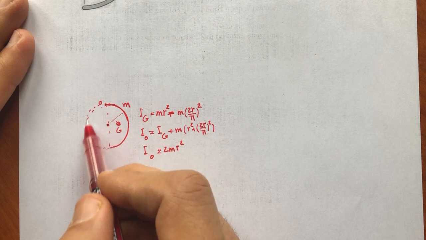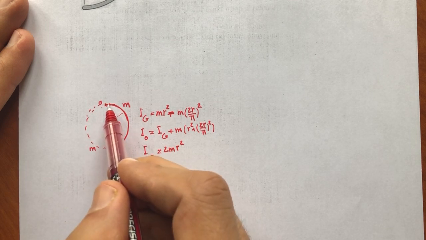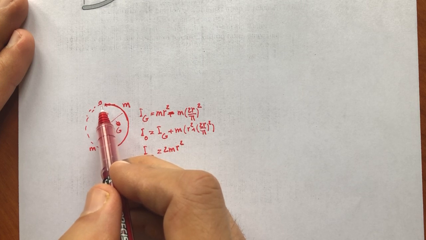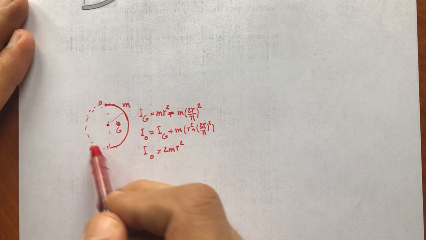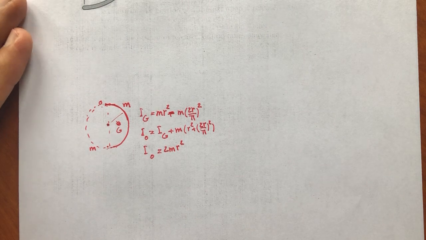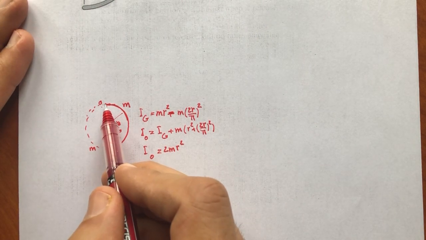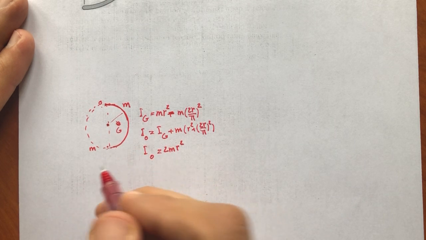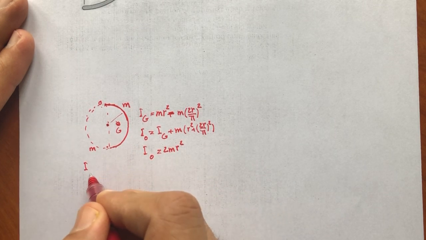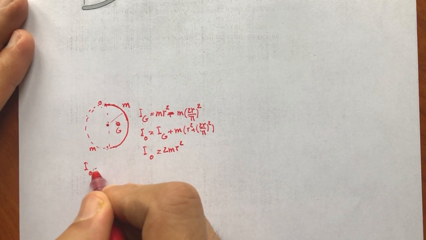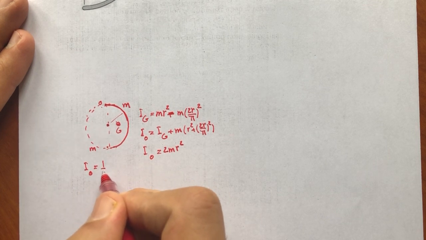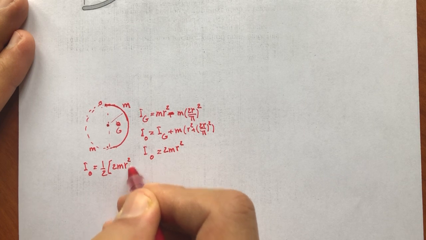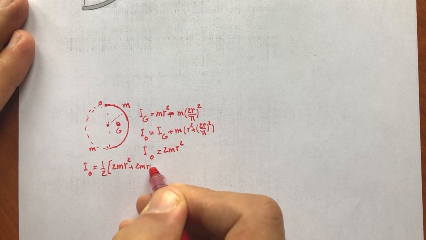Then the mass moment of inertia of this part and this part about point O are the same because of symmetry. So whatever I found for the full ring, I need to divide by 2 to find the mass moment of inertia of this half ring about point O. So you can simply say IO, for the half ring, is going to be 1/2 of 2m r squared plus 2m times r squared.